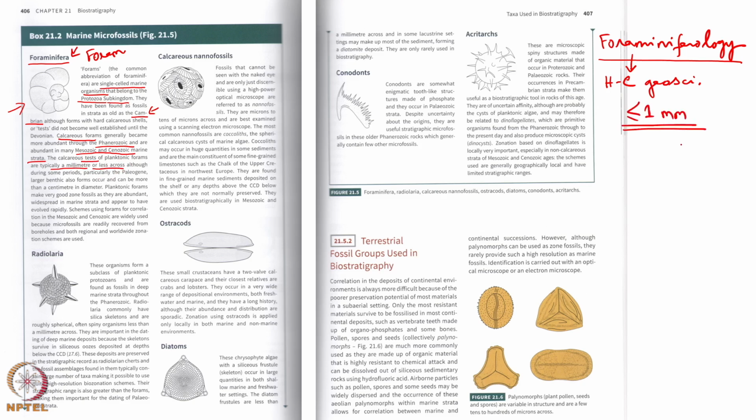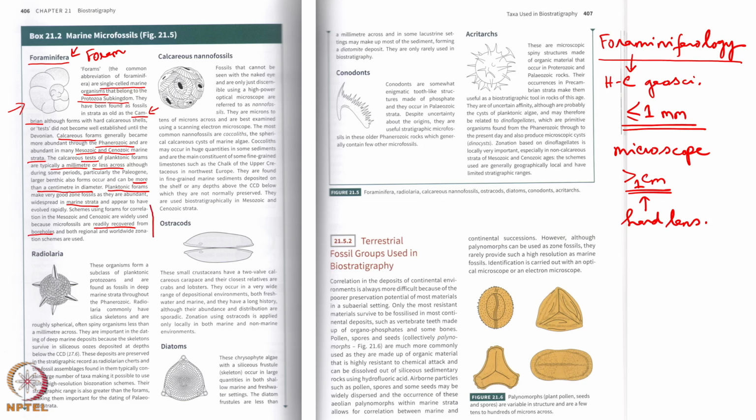Naturally we need an optical microscope to study them, whereas there are a few of them which are more than a centimeter in diameter. Those which are more than 1 centimeter in diameter can be identified with a hand lens. The planktonic forams evolved rapidly and they are found in the marine strata. Forams are readily recoverable from the boreholes, and therefore, as I was telling you, they have been used very widely in biostratigraphic correlation.